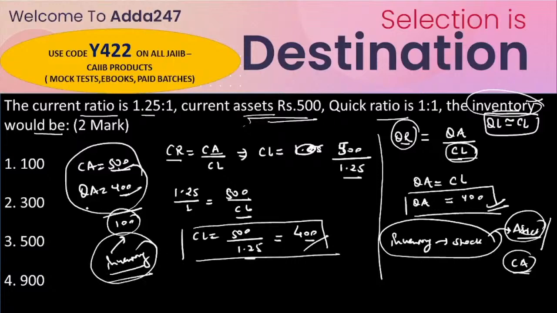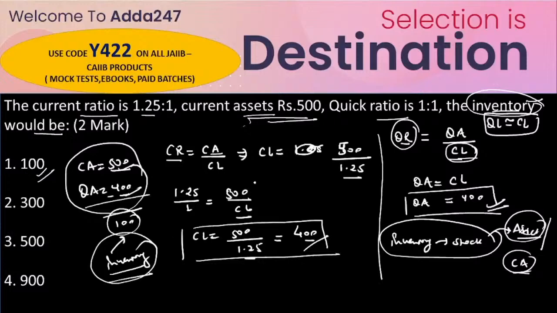So this is how we calculate these kinds of questions. You have to only follow the concept and nothing else. The answer would be 100 rupees, and the inventory would be 100 rupees. So this is how we can solve it.